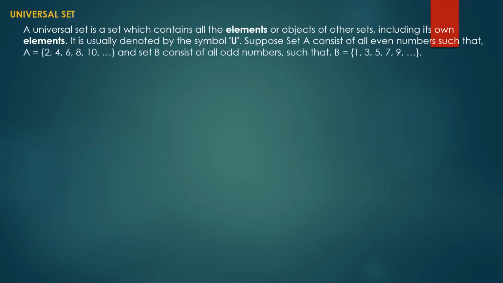A universal set is simply a set which contains all elements or objects of other sets, including its own elements.